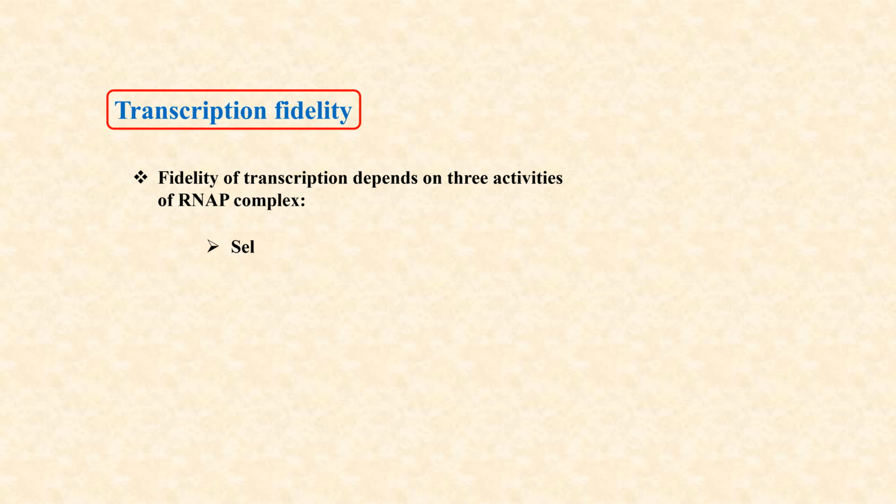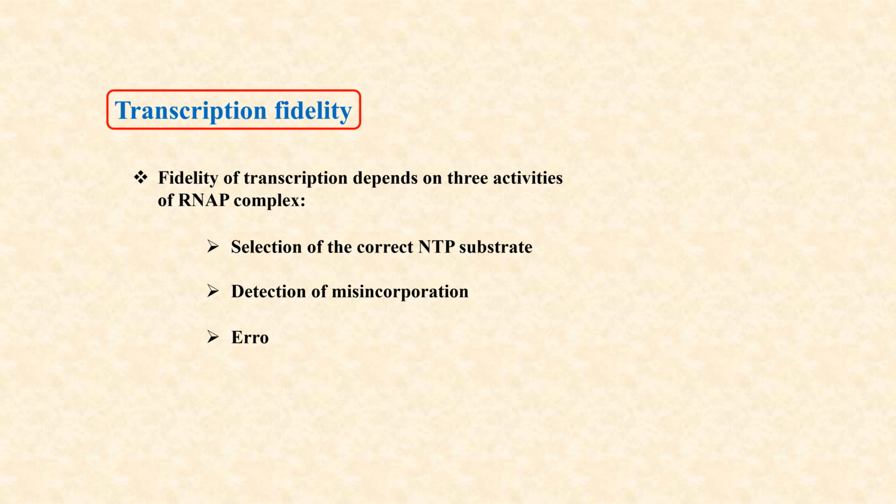Now let us talk a little bit about transcription fidelity. The fidelity of the transcription process depends on three activities of the RNA polymerase complex: selection of the correct NTP substrate, detection of a misincorporation, and error removal by polymerase backtracking and RNA cleavage.